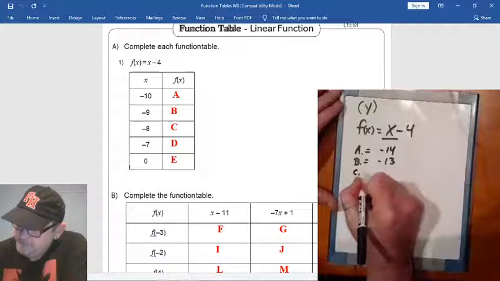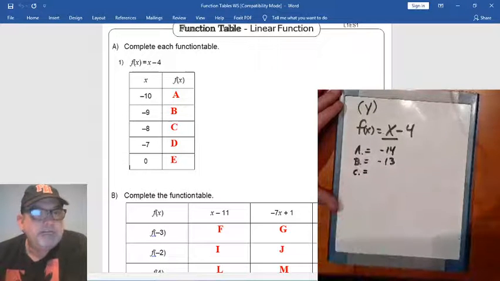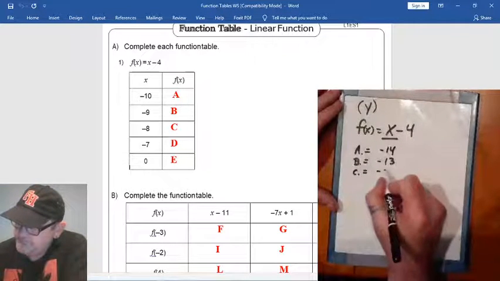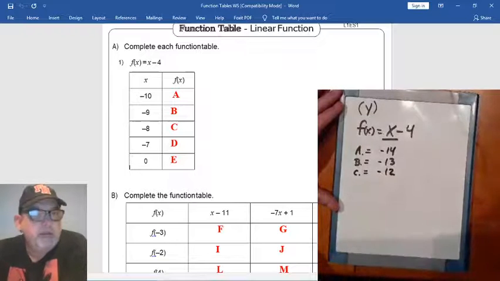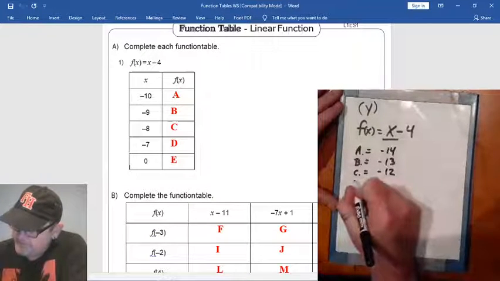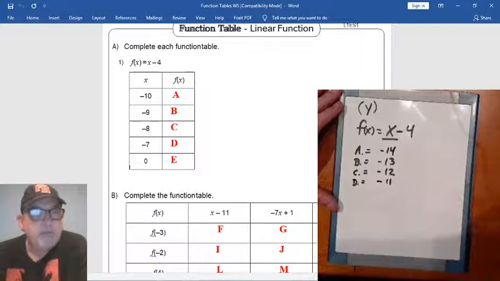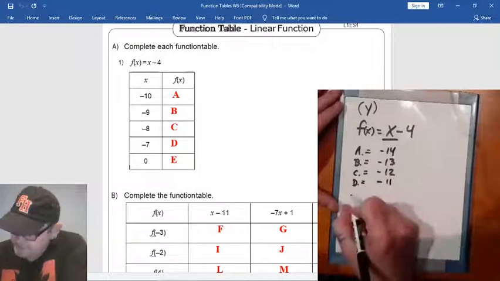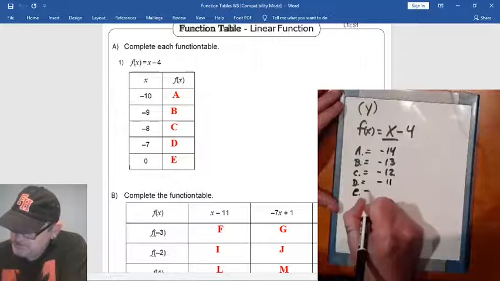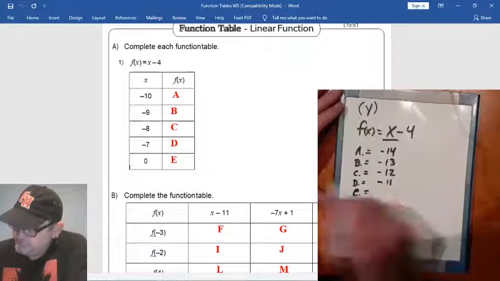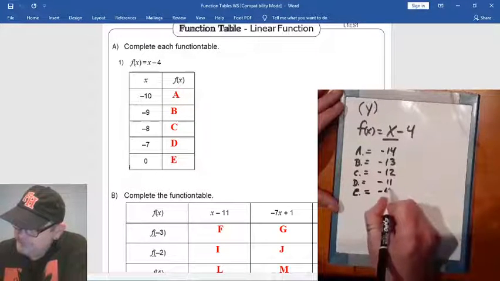Letter C, negative 8. Negative 8 minus 4, negative 12, guys. Pretty easy. Negative 7, looks like a pattern here. Minus 4 is negative 11. And then 0. So E, which is 0. 0 minus 4, negative 4.